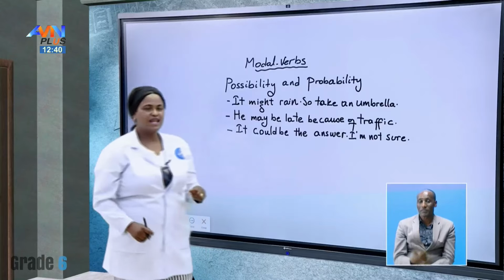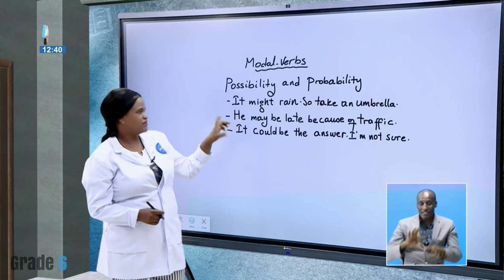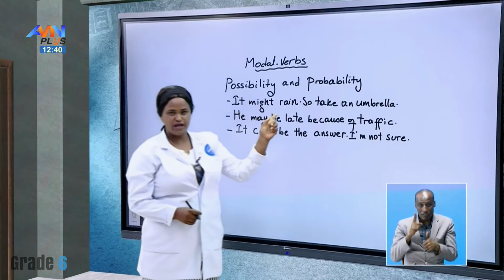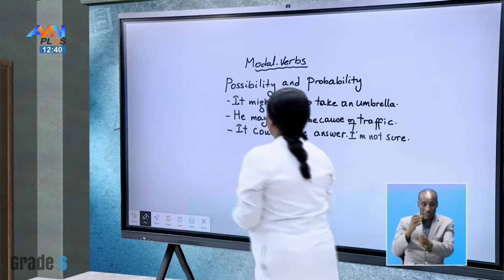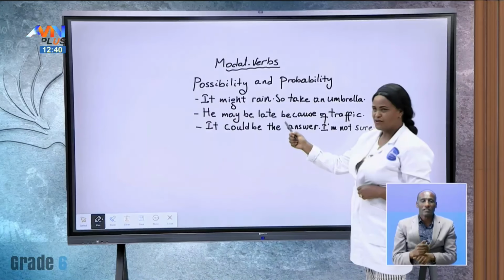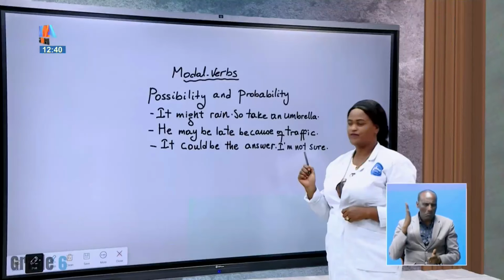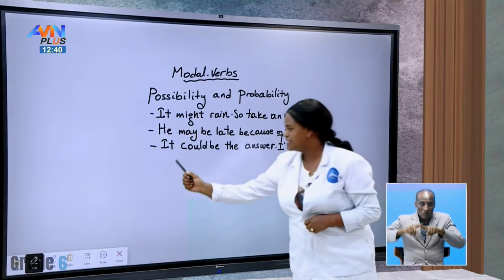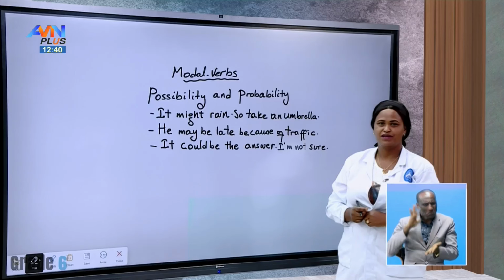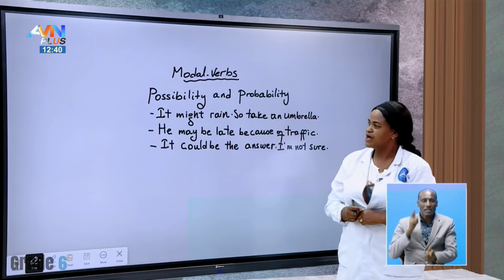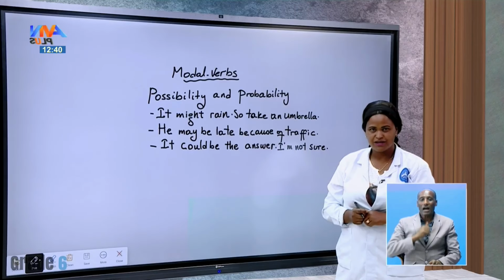Now, let's see these sentences. The first one, it might rain, so take an umbrella. And the second one, he may be late because of traffic, yeah? And the third one, it could be the answer. I'm not sure. Which ones do you think are the modal auxiliaries here?